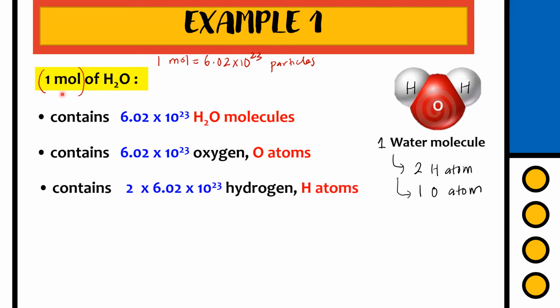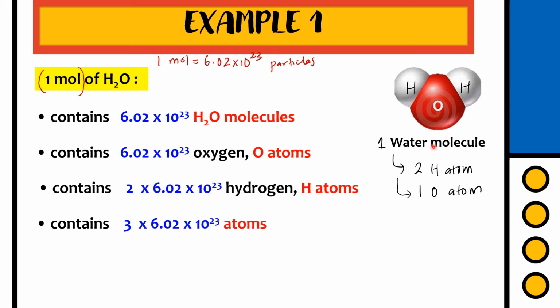1 mole of H2O contains 2 times 6.02 times 10 to the power of 23 hydrogen atoms.